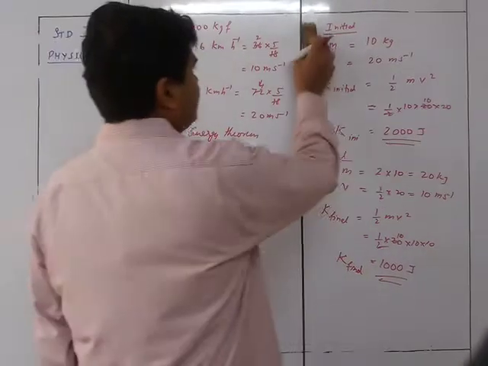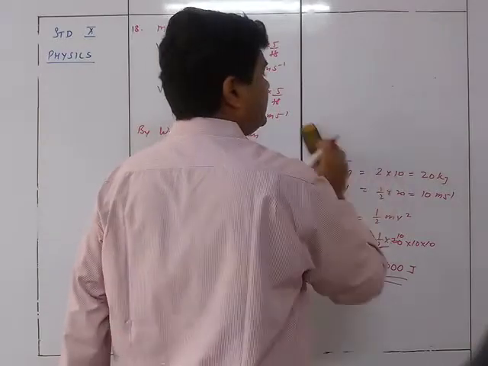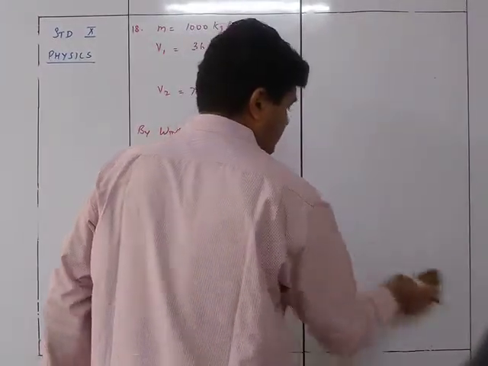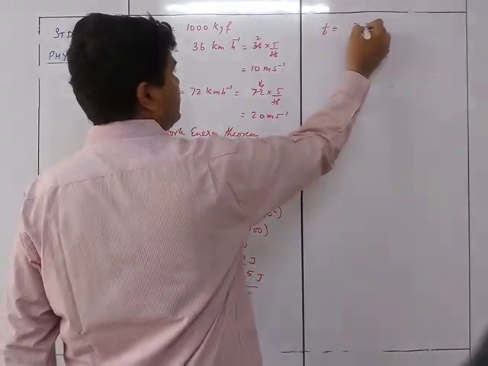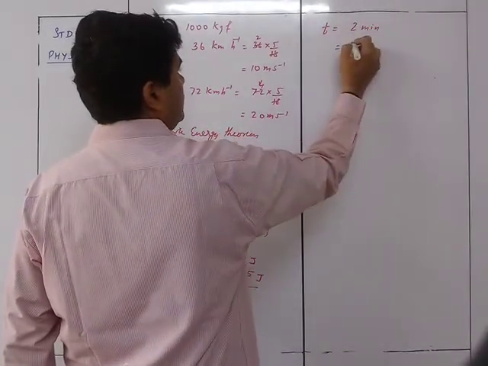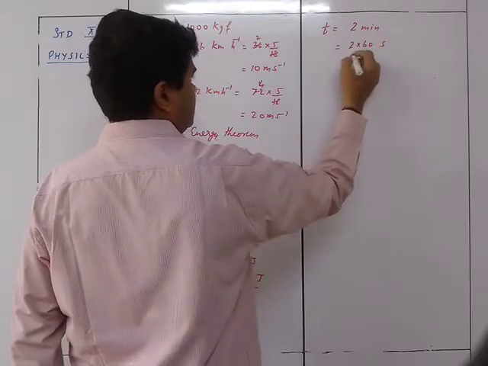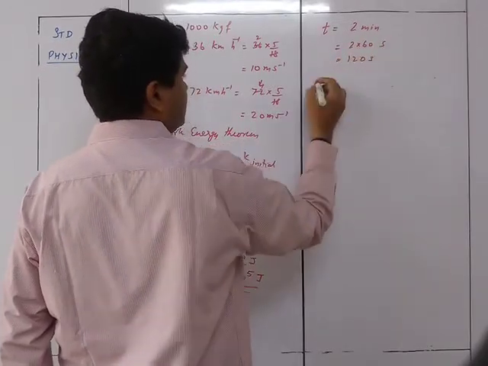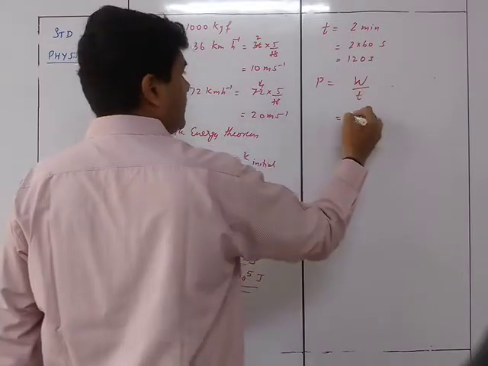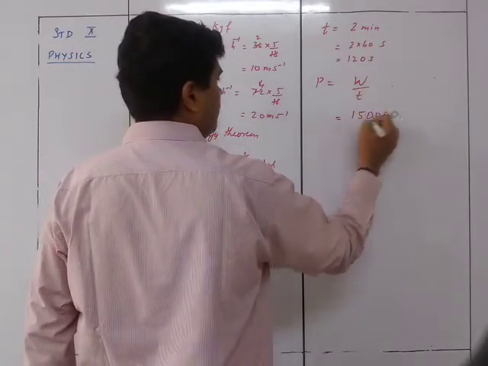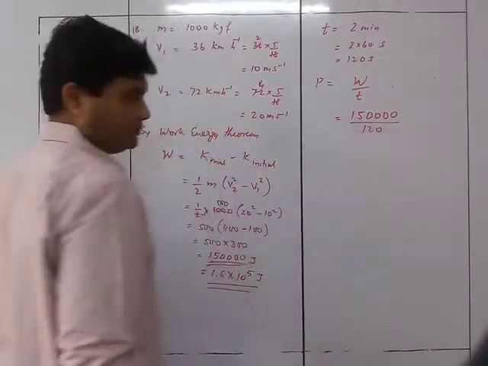The next thing they asked us is the power. Now power is work upon time. So the time is given to you, T is equal to 2 minutes, which is 2 into 60 seconds. It's 120 seconds. Power is equal to work upon time. So work is 150000 upon 120.